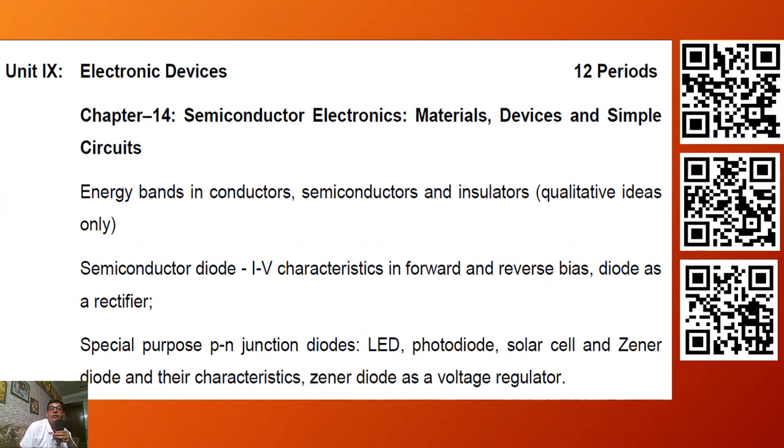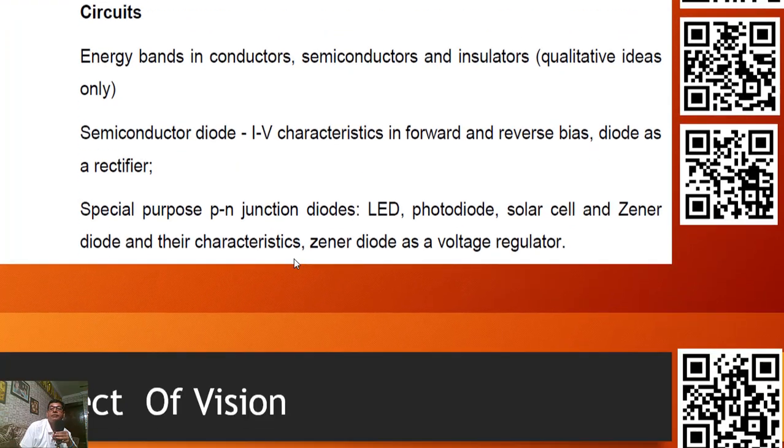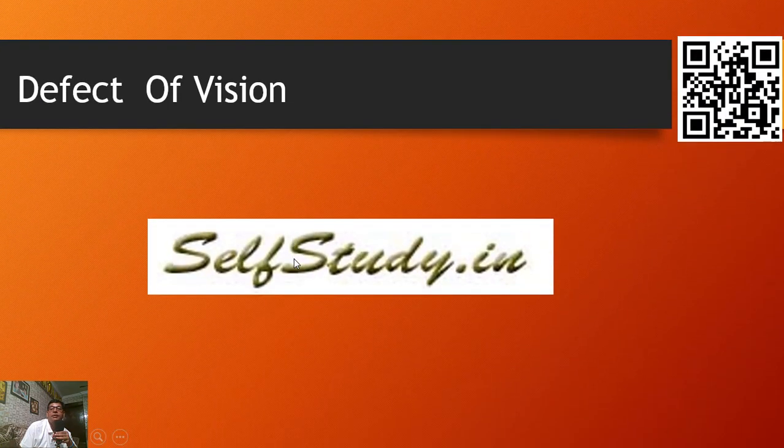Then semiconductors. Now India is trying to be self-dependent, that is why factories are being put up for semiconductor devices. Most of our electronics products are semiconductor based. There are 3 lectures delivered, and defects of vision.